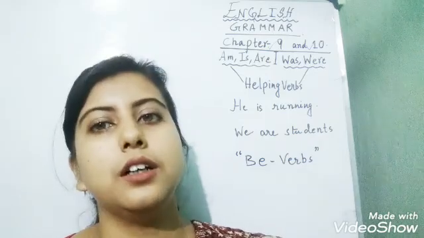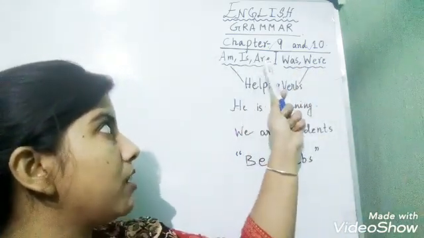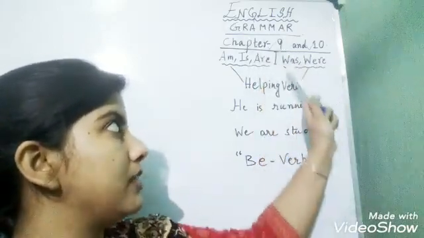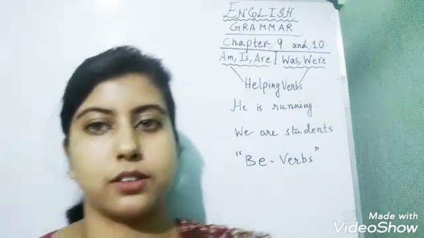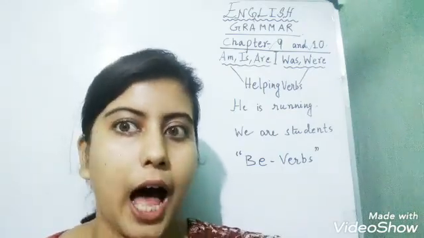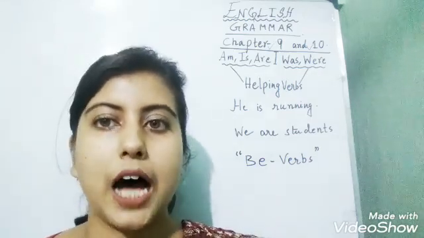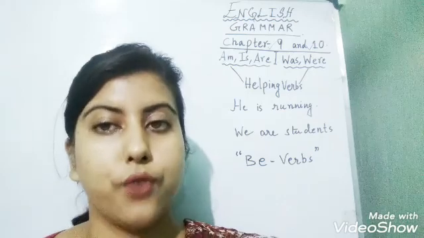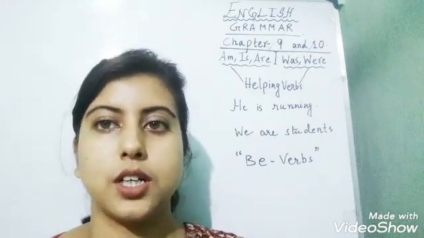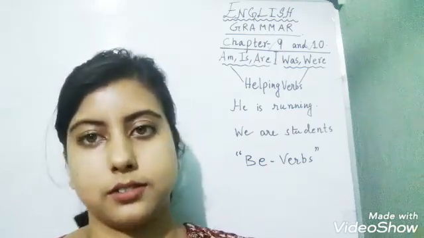So we will learn these two chapters together: am, is, are, that is chapter 9, and was, were, that is chapter 10. Now, children, I hope you have remembered what verbs are. Verbs are action words. They denote actions done by the subject.